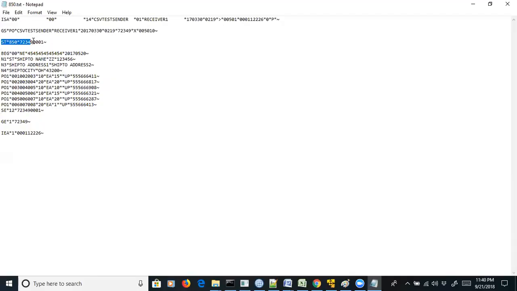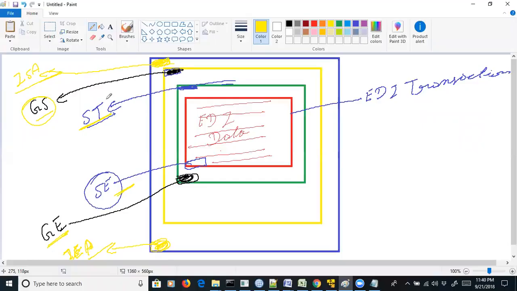Then you have your ST envelope: you start with ST, your transaction envelope header, and you also have SE, your transaction envelope trailer. Coming back here, in the diagram this is how I have represented them: the transaction envelope, the functional group envelope, and then the interchange envelope.